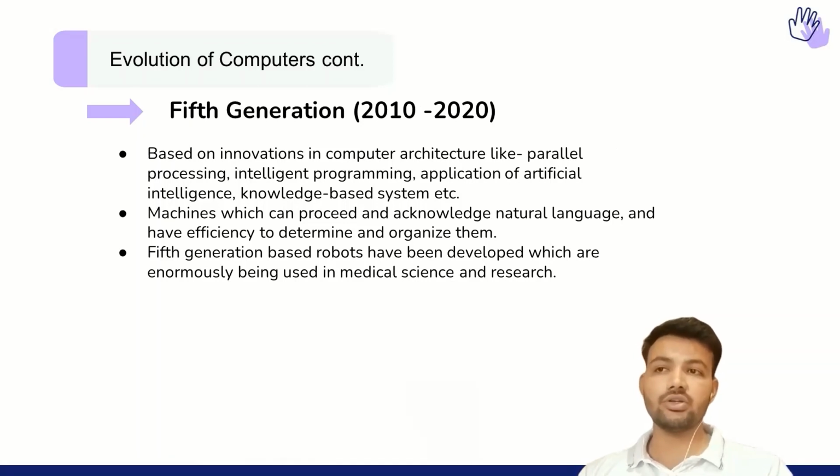So fifth generation के computers are highly talking about modern topics such as AI, ML, and जैसे machines which can produce and acknowledge natural languages. So basically natural language processing, कि अगर हम voice से input दें और उसे handle करे computer, that comes in fifth generation. So fifth generation based robots have been developed which are enormously being used in medical sciences and research.